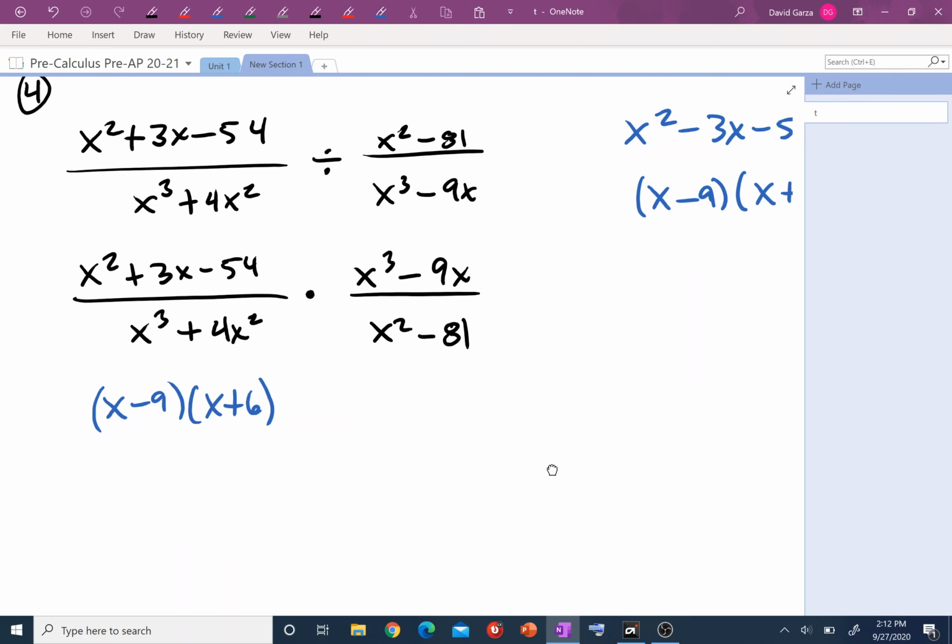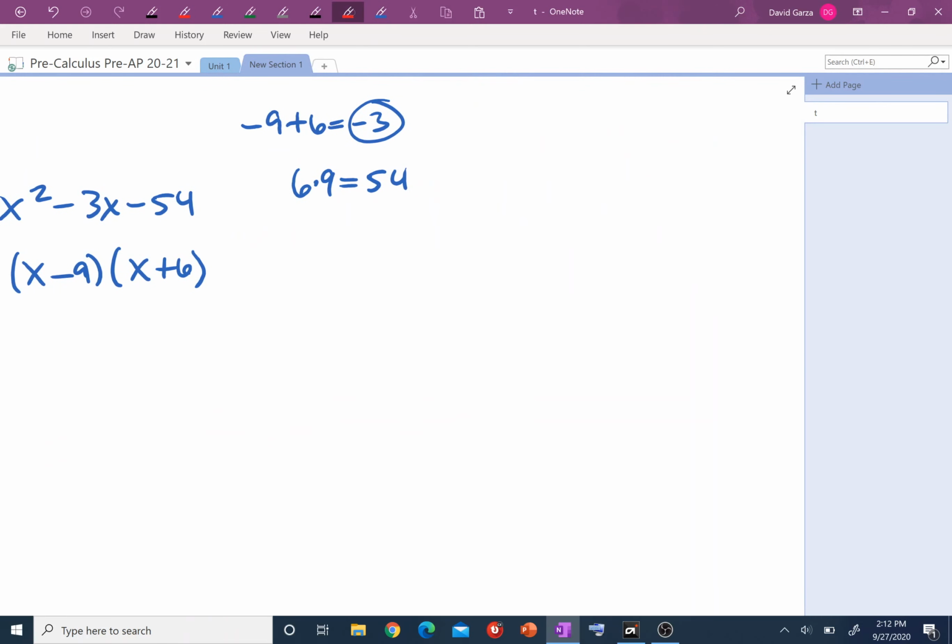So we have x to the third power plus 4x squared. These just have x to the second power in common, so let's factor out x squared. We have x squared times what gives me x to the third power? x, so x squared times x.